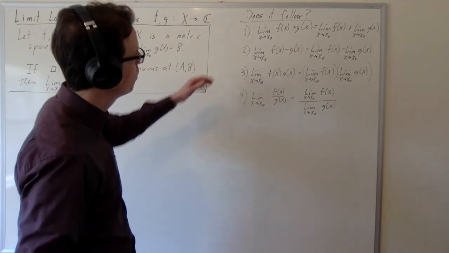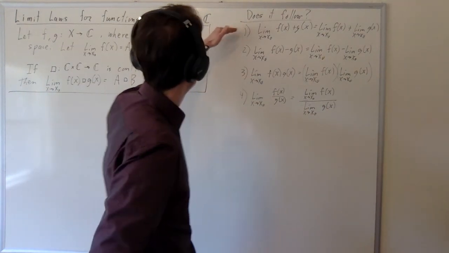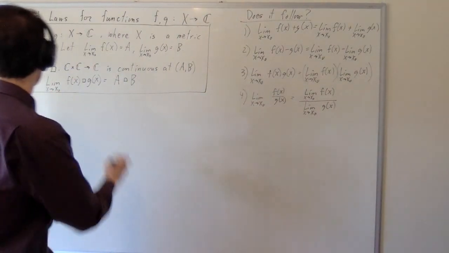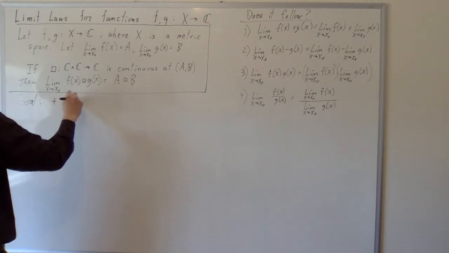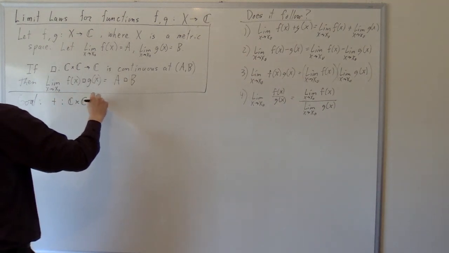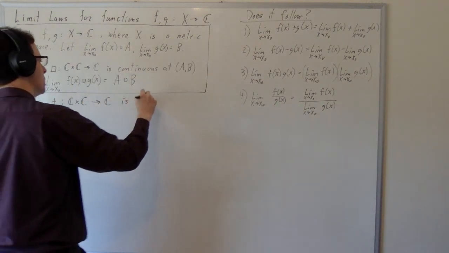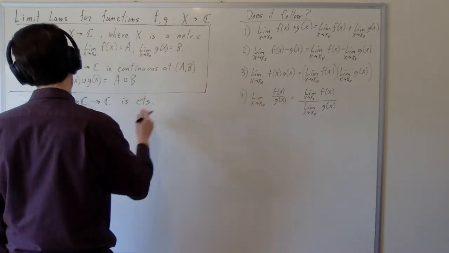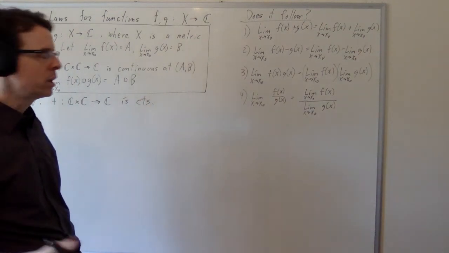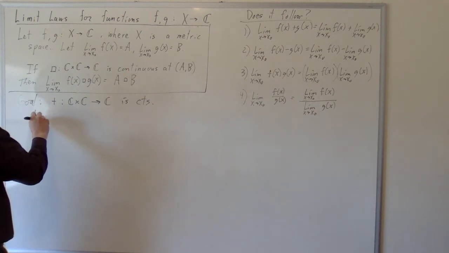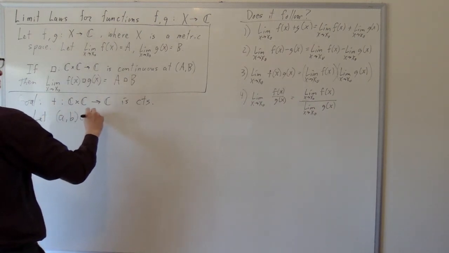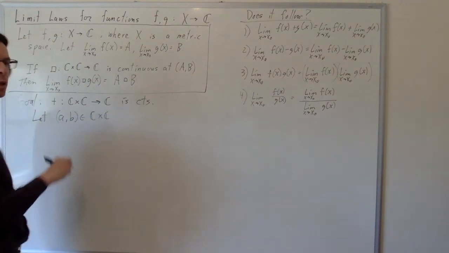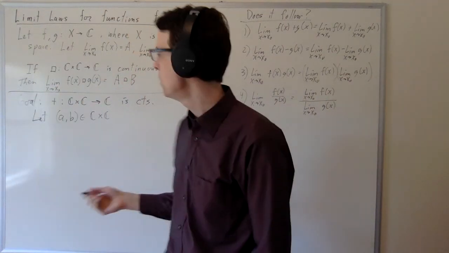So we're going to establish here that plus is a continuous operation on C cross C. The goal here is to prove that plus, which of course is an operation from C cross C to C, is continuous. And it's continuous at every input, but we're going to choose a particular input. So let (A, B) be in C cross C, and we'll prove that plus is continuous at the input (A, B).